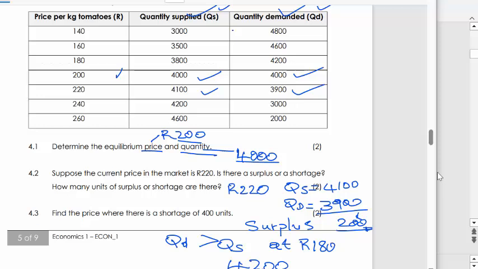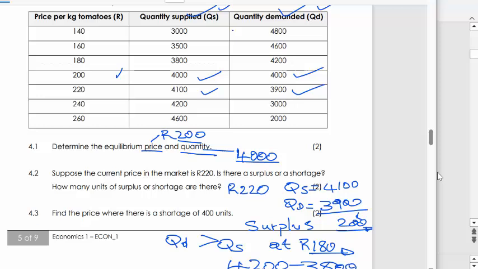And then minus what? Because remember, we are looking for the price where there is a shortage of 400 units. So this is the price. Remembering that 4,200 minus 3,800.